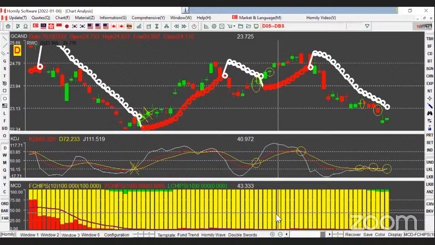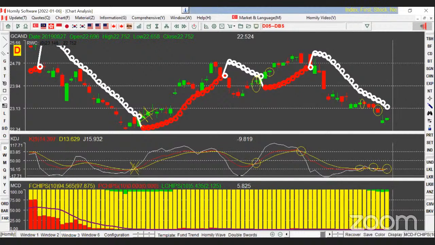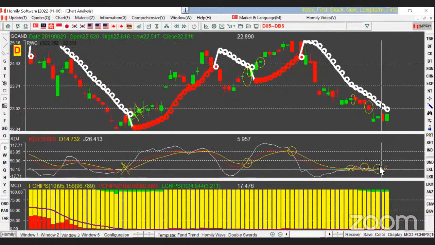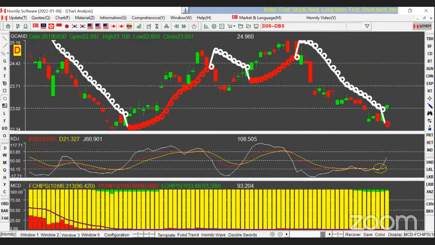Golden cross again here. Okay, actually the golden cross here is not very clear, right? It didn't really cross. Here is the obvious golden cross, right? So you buy while it's still a white circle, and this time 1 day earlier than the first red circle.